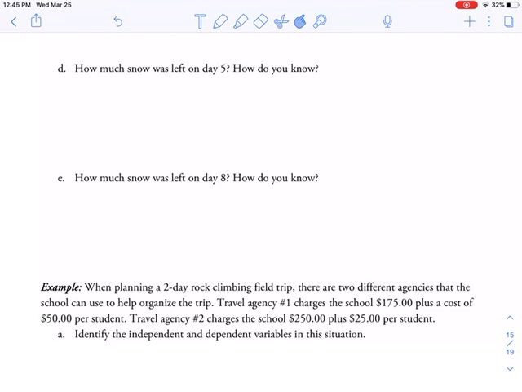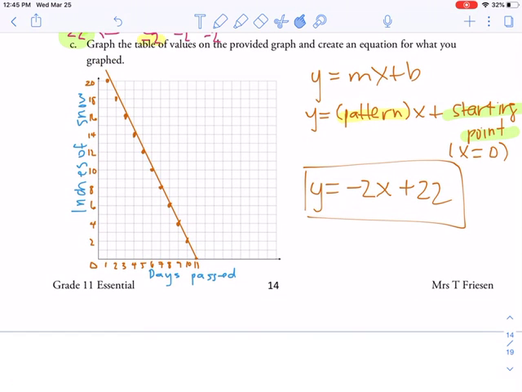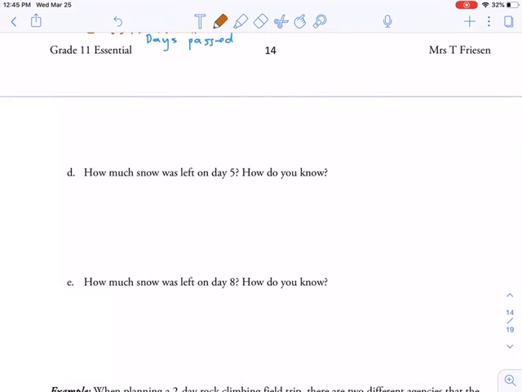All right, so how much snow is left on day 5? How do we know? So if we go back and look at the graph, we can see that, I'm just going to switch colors again, on day 5, there were 12 inches of snow left, okay? And so how do we know is because we are following the pattern that we found for the graph, okay?